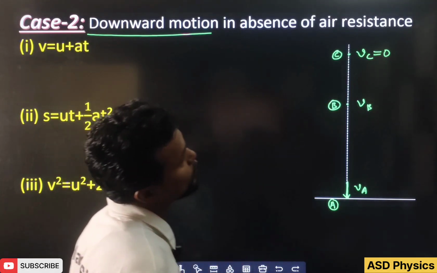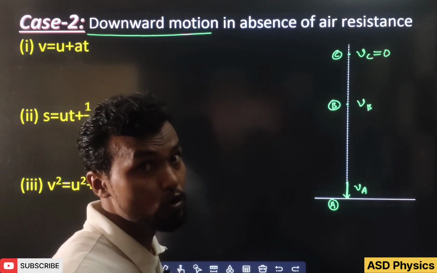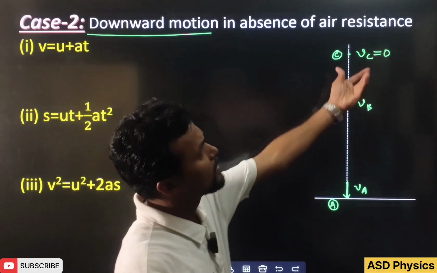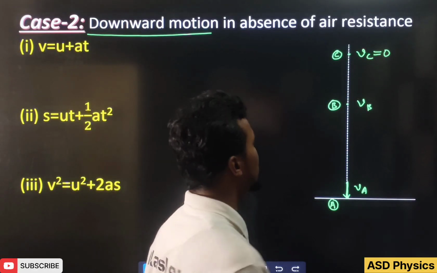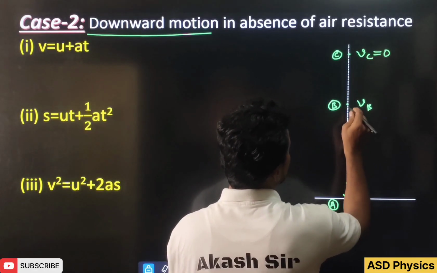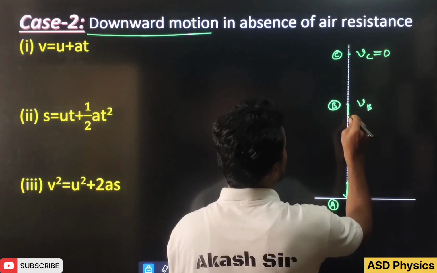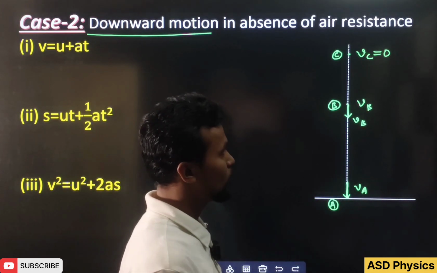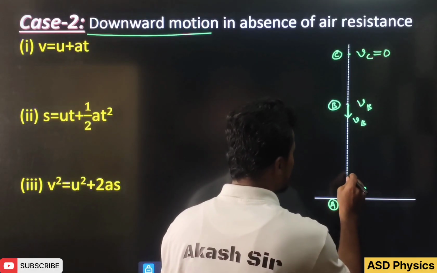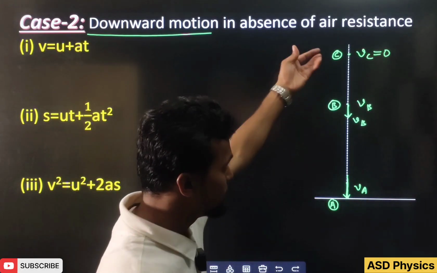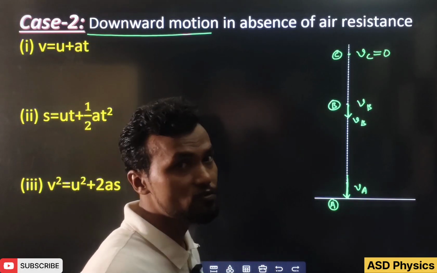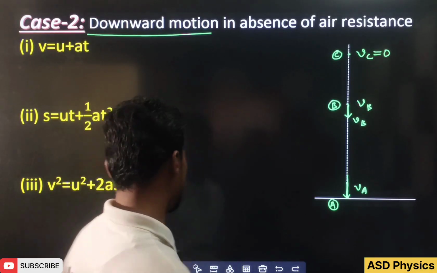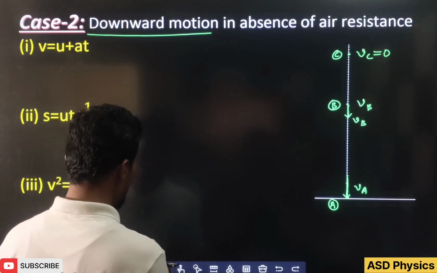If it is dropped from the building, the velocity will be 0. When it reaches point B, the velocity is Vb, and at point A the velocity is Va. The velocity will increase. Why will the velocity increase? Because velocity and acceleration are both in the downward direction.